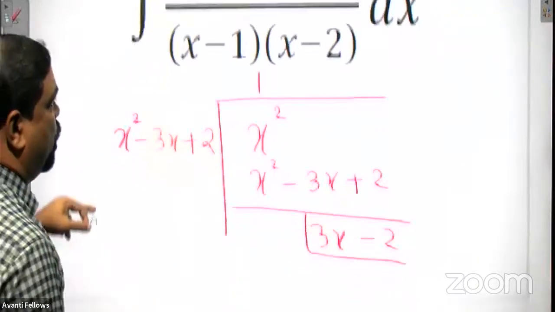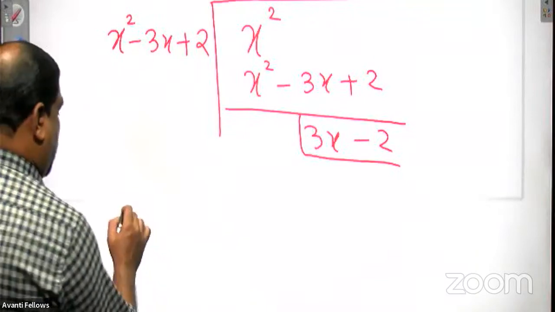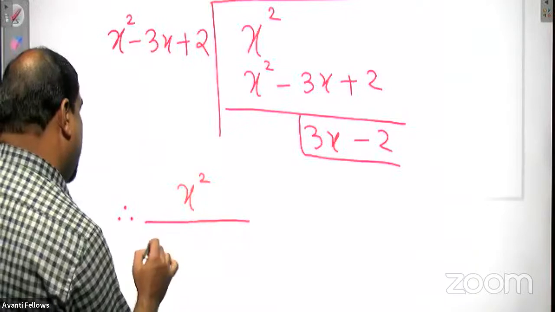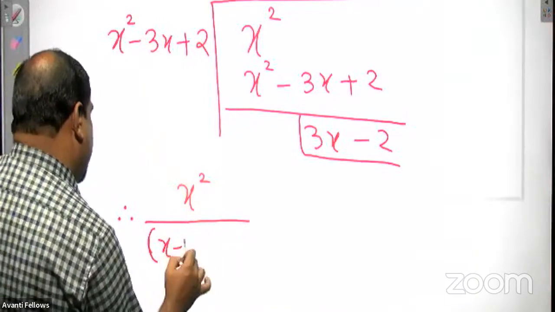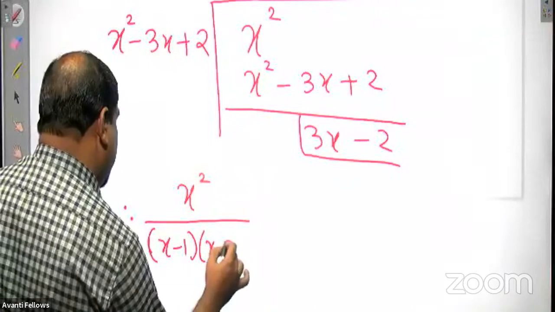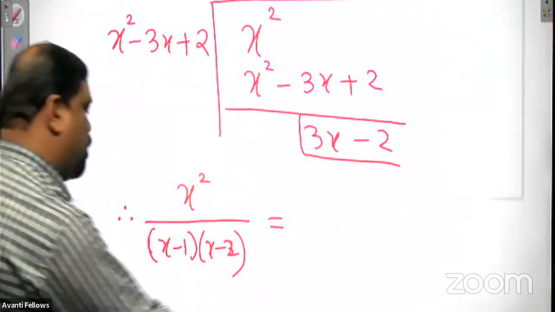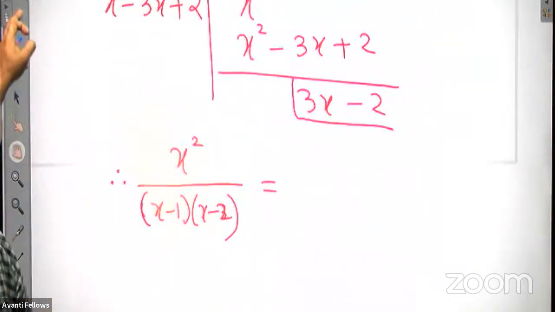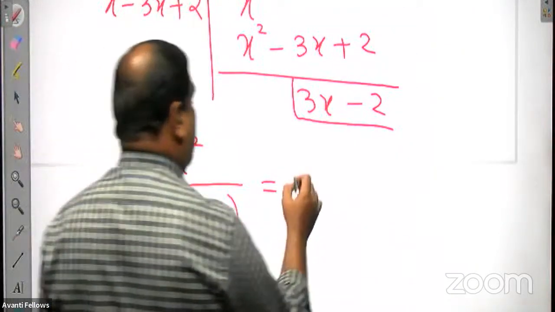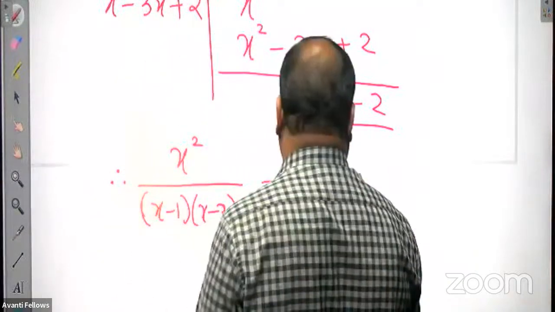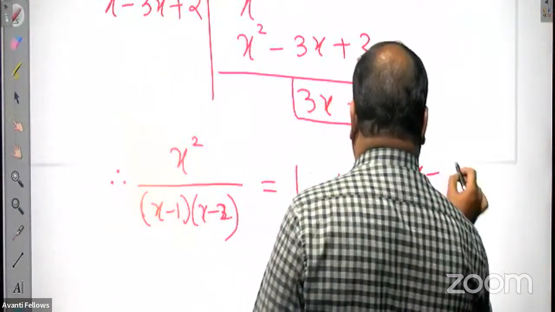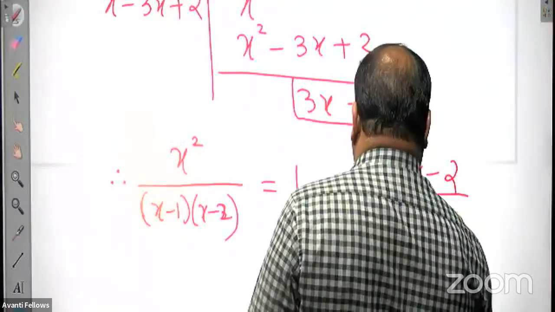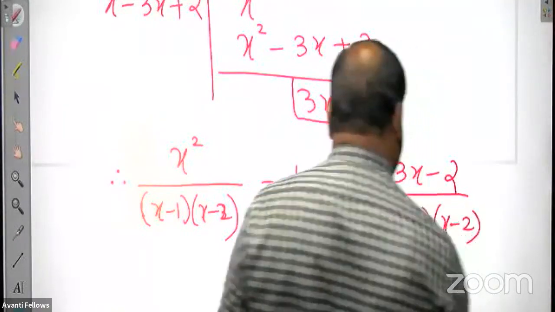Therefore, the given rational function, x squared divided by x minus 1 into x minus 2, is equal to the quotient 1 plus the remainder 3x minus 2 divided by the denominator x minus 1 into x minus 2.